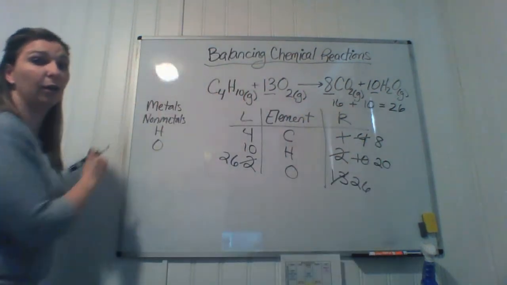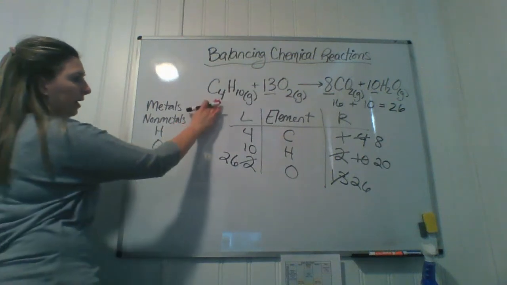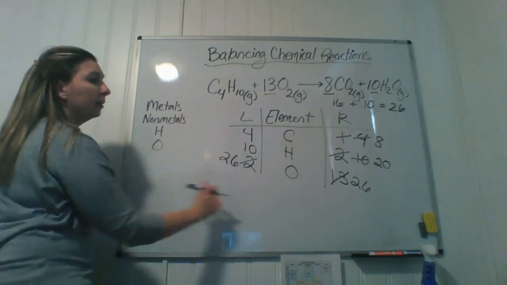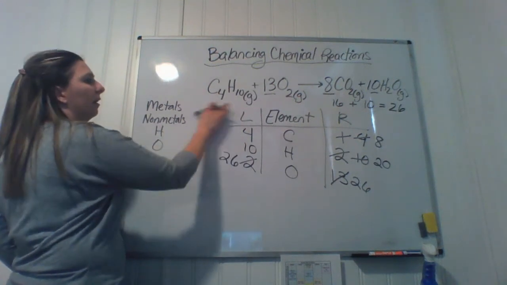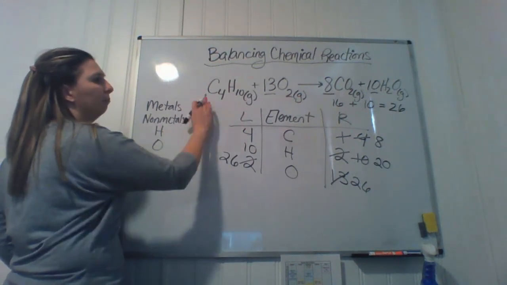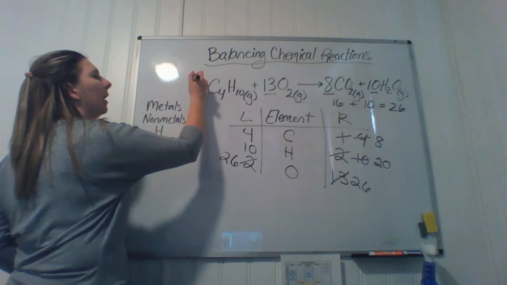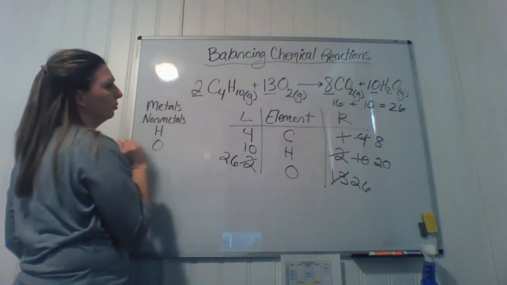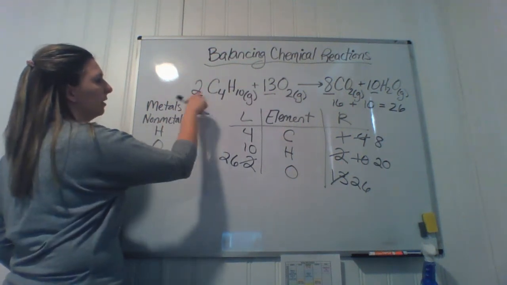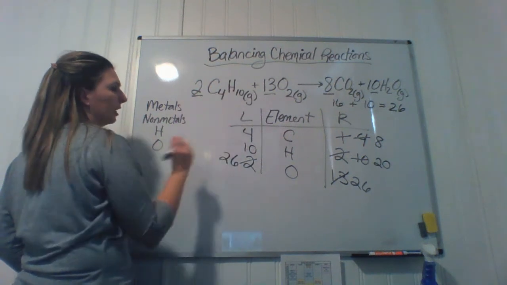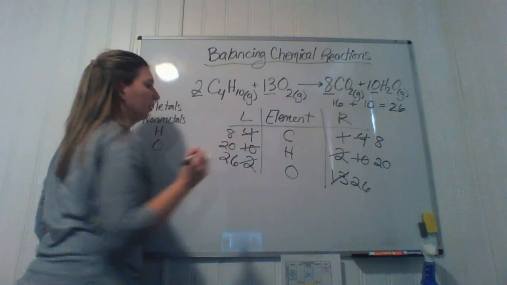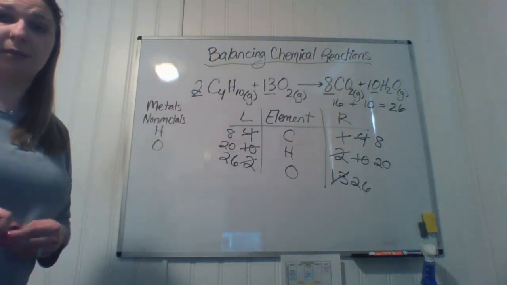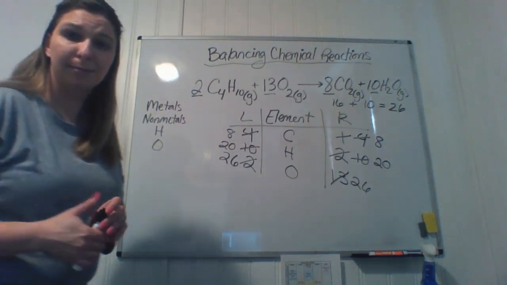So then looking on the left side, if we have 4 and 10 to give us 8 and 20, we multiply the butane gas by a coefficient of 2, which will now give us 8 carbons and 20 hydrogens. And now this equation is balanced.